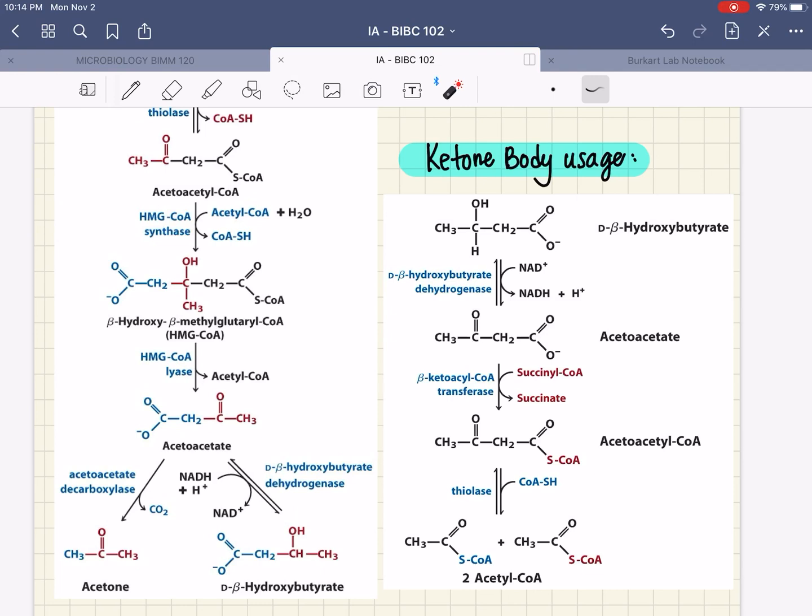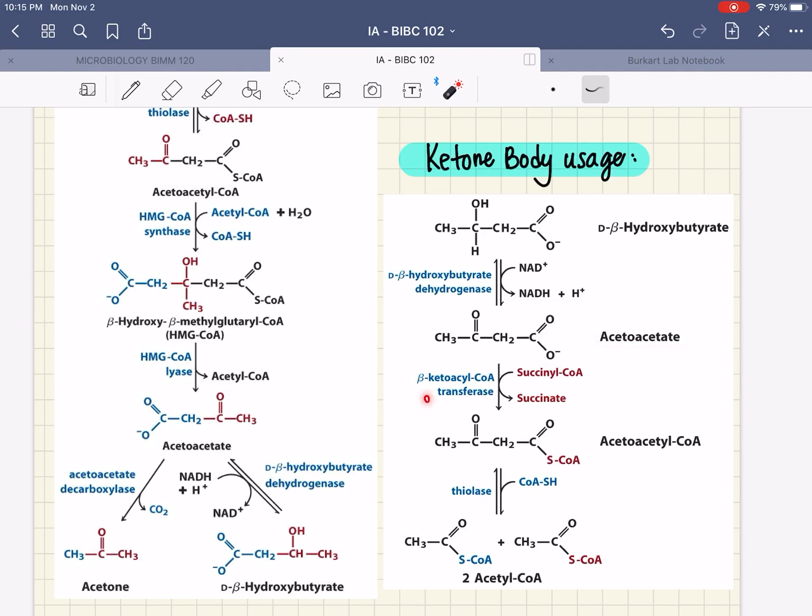Now that we've formed the ketone bodies, acetoacetate and beta-hydroxybutyrate, now these ketone bodies can travel throughout the body to different types of tissues. What happens when they get to the tissue? Well, now that tissue, the cells in that tissue, must be able to use these ketone bodies. So, one of the ketone bodies, beta-hydroxybutyrate, is taken up by the cell. It is oxidized by NAD+. Oxidation happens over here, and we form a carbonyl, acetoacetate.